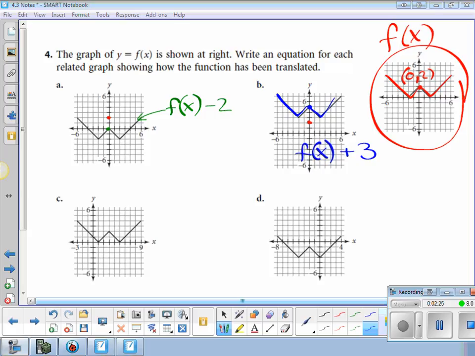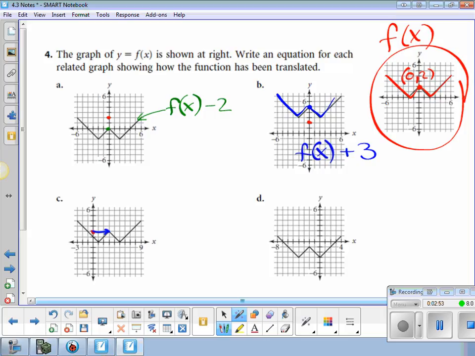Left and right are a little bit more difficult. Basically, just remember that the controls for moving something left or right are in the control variable. They're in the parentheses with the x. The way that I remember it is if you have this little red dot, which used to live at 0, 2, if it has now moved to the right, I know I'm going to need parentheses.